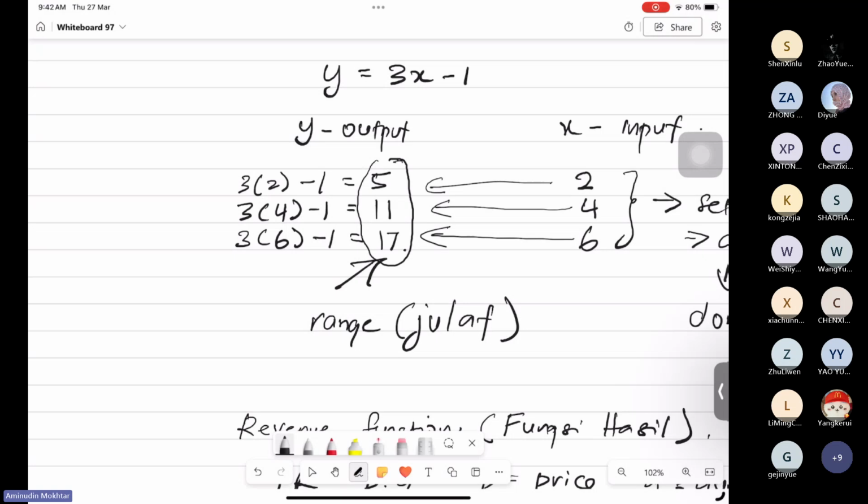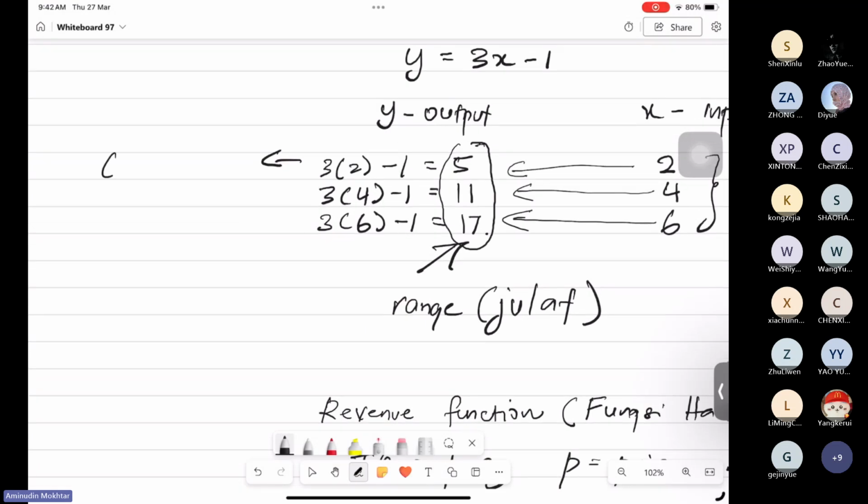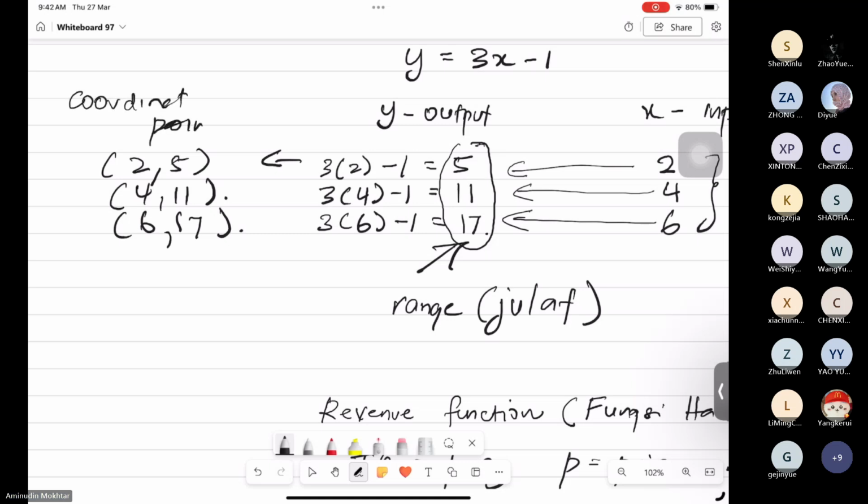In terms of coordinates, we can write this as the first coordinate, x equal to 2, y equal to 5. The second coordinate is when x equal to 4, y equal to 11. And the last one is when x equal to 6, y equal to 17. That is a coordinate point.